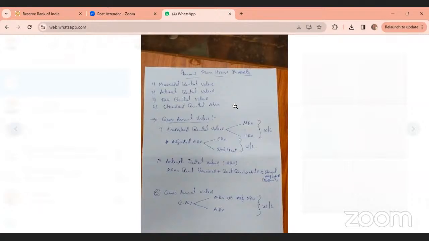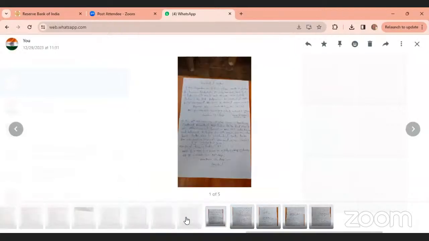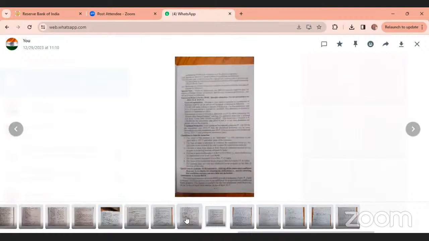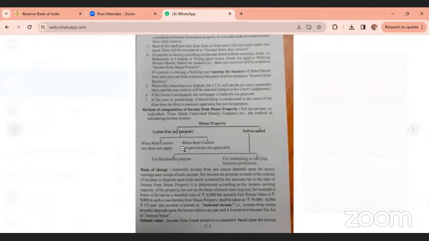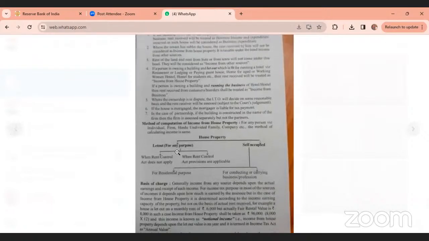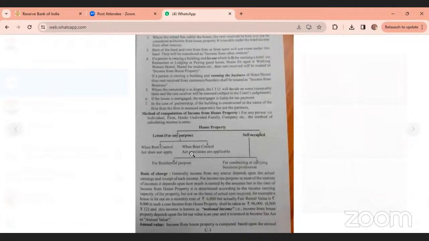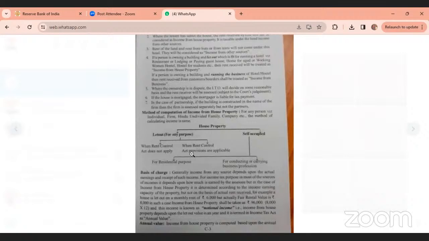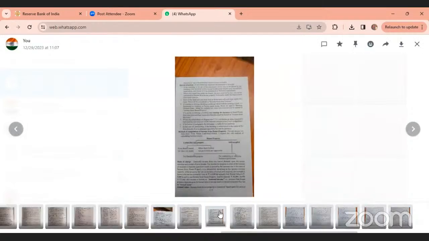Here, let out and self-occupied are there. Let out for any purpose means what? When the Rent Control Act applies, and when the Rent Control Act is not applied. That means standard rent is there. In that case, you have to find out the Rent Control Act.